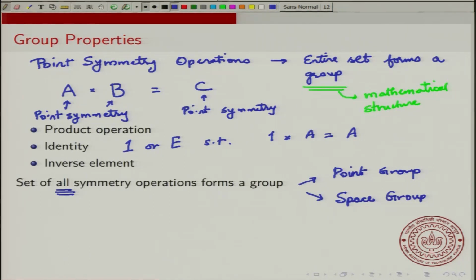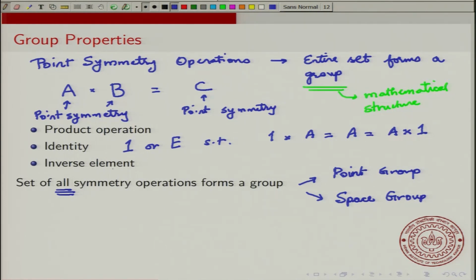You take 1 times A, you get A, and this is the same as A times 1. That means you take your crystal, you operate it by the identity operation, and then you operate it by A. That is the same as operating it just by A. So, 1 is called the identity element, and 1 is contained in your group.